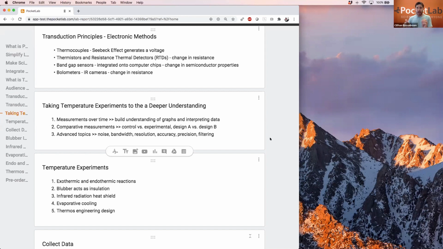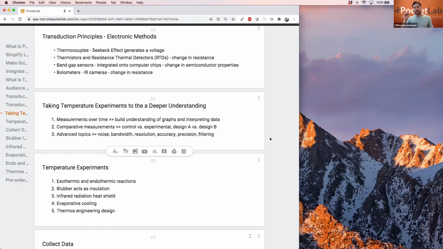Being able to do comparative measurements, so two measurements, comparing a control versus an experiment, or design A versus design B, makes it very powerful along these lines, again in data analysis and interpretation and how you design an experiment. And then I use it for advanced topics. I teach a graduate level mechanical engineering course on sensors, and we talk about temperature all the time.